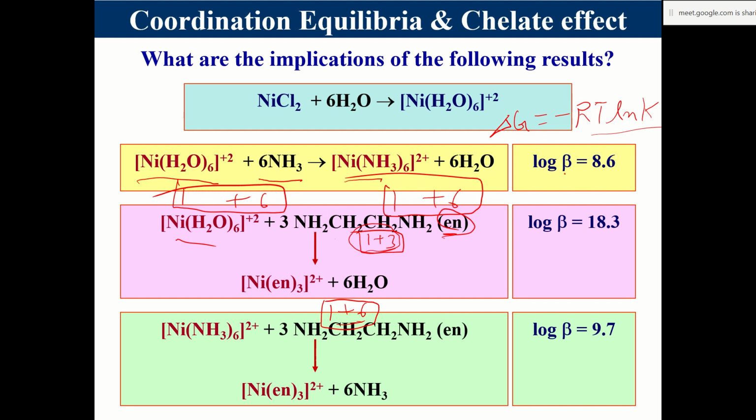The overall formation constant can be written as beta. So delta G is also related to the enthalpy. Delta G is what? You have delta H minus T delta S. So this is related to your beta. And delta H, enthalpy, was related to the bond strength.